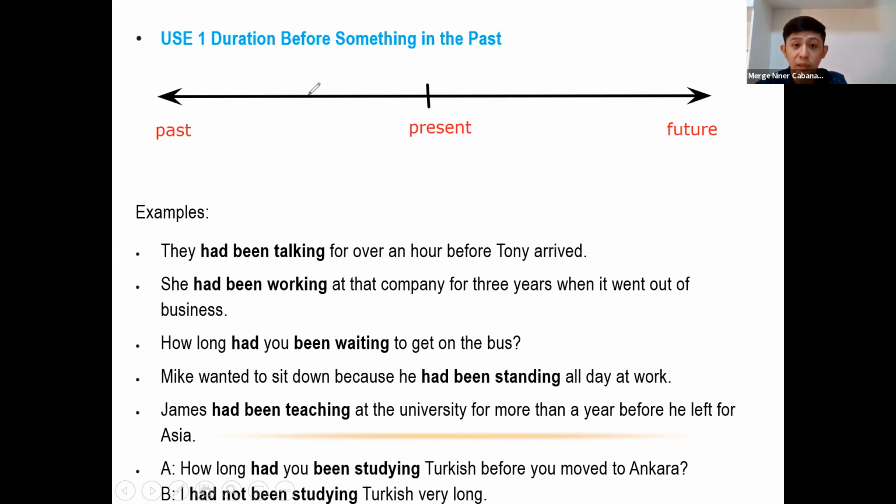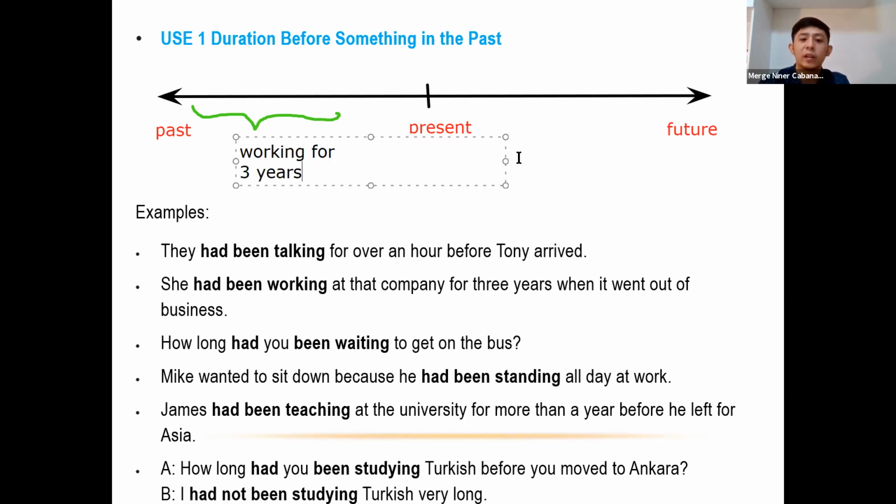Okay, I'm going to draw something. She had been working for that company for 3 years. Okay. So take a look at that. I am writing something. She had been working for that company, working for 3 years.